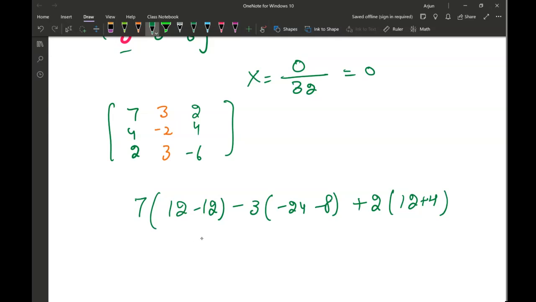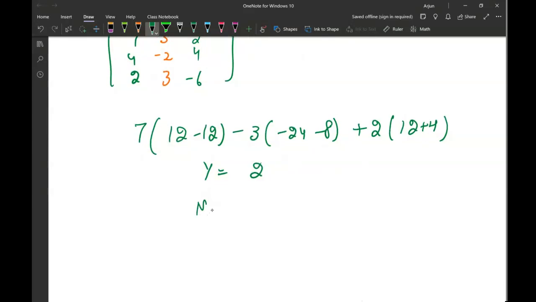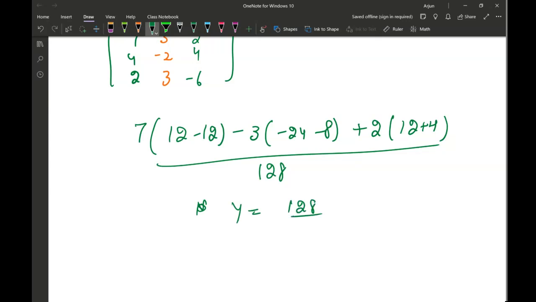Let me just find out this value first of all. I was a little too quick. So this is going to give me 128, and the y value will come out to be 128 divided by 64. That's going to give me y value as 2.